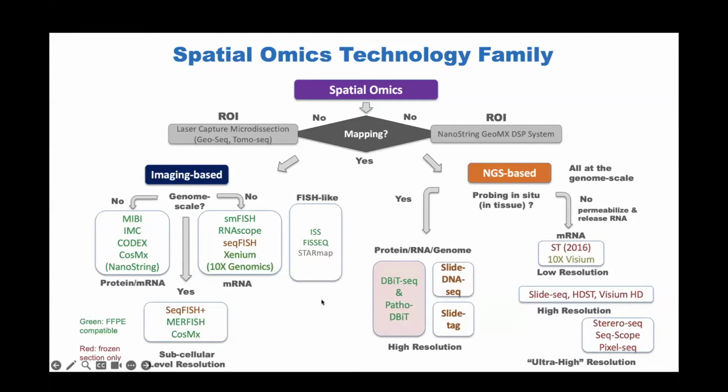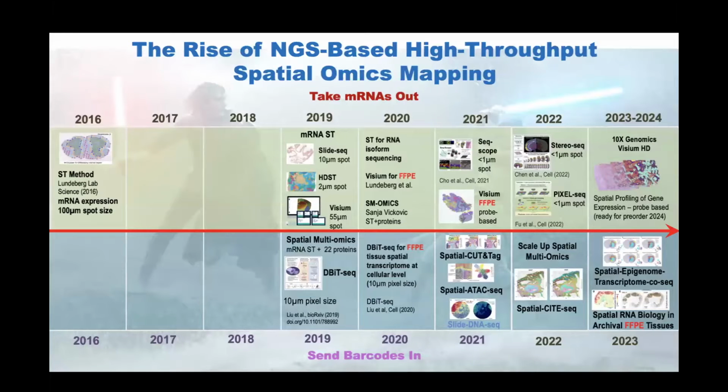And the history of NGS-based spatial omics really started with a landmark paper published by Professor Joakim Lundeberg from SciLifeLab in Stockholm. He used a DNA microarray to capture messenger RNAs released from a permeabilized fresh frozen tissue section you place on top of the DNA microarray. Messenger RNA diffuses out of the tissue and is captured by the DNA microarray.